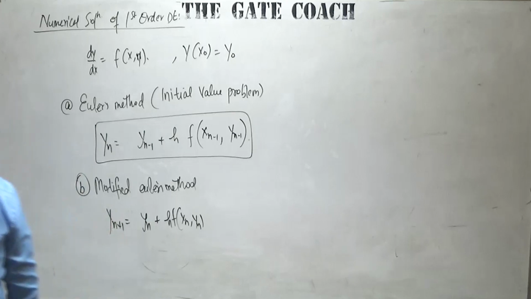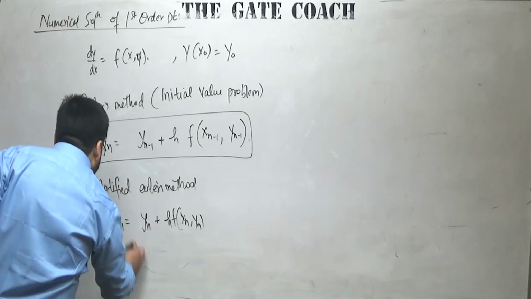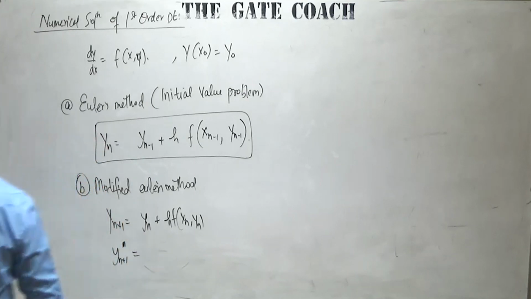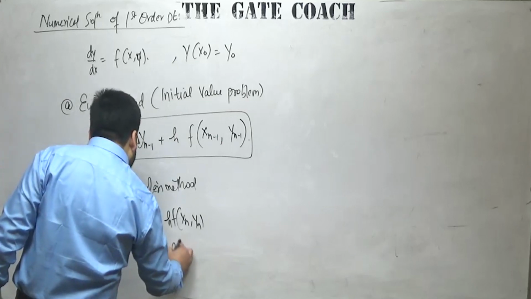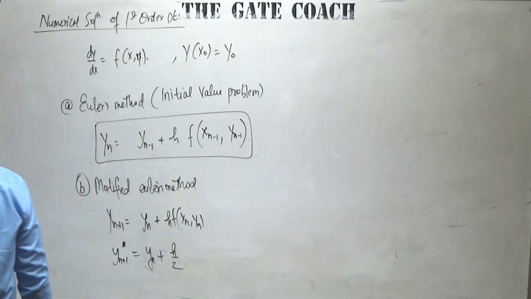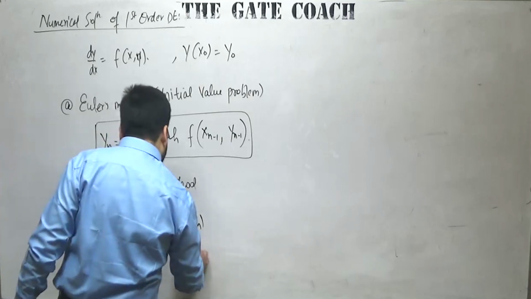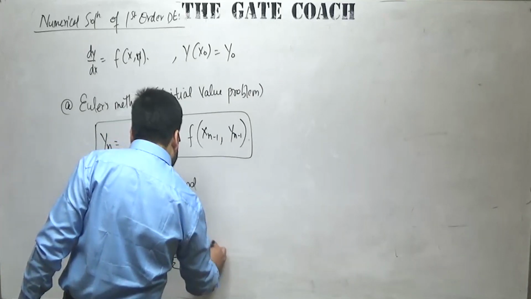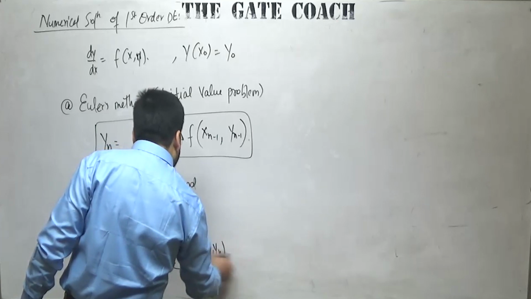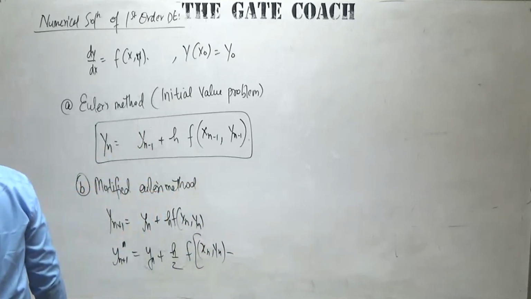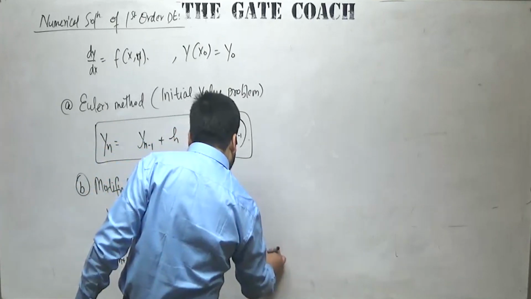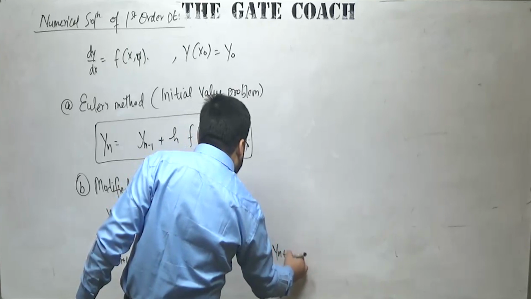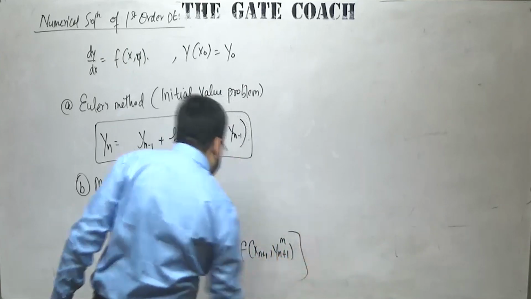The modified value of yn plus 1 is equal to yn plus h by 2 times f of xn comma yn plus f of xn plus 1 comma yn plus 1 modified.